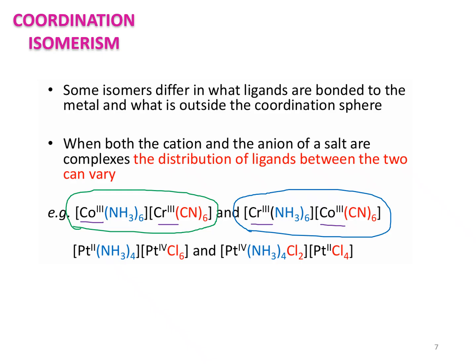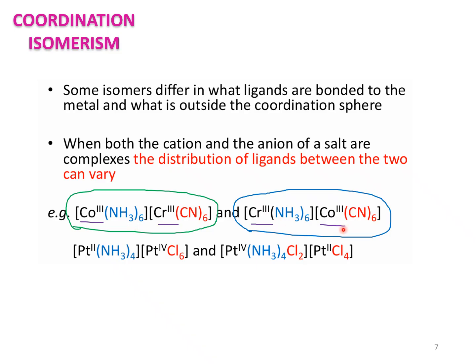Now look at the ligand. The ligands are ammonia and cyanide. So there's ammonia and there's cyanide in both compounds, right? In compound 1, the cation, which is cobalt 3, coordinates to ammonia, a neutral ligand.